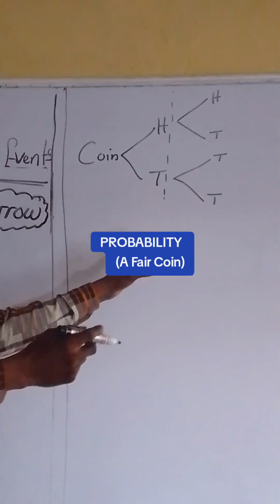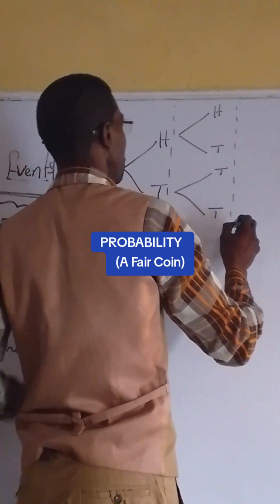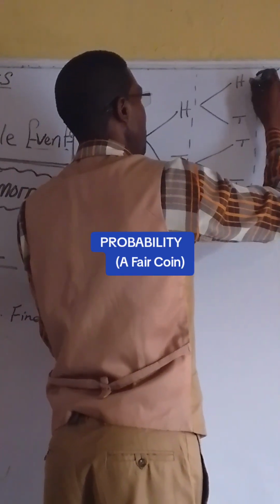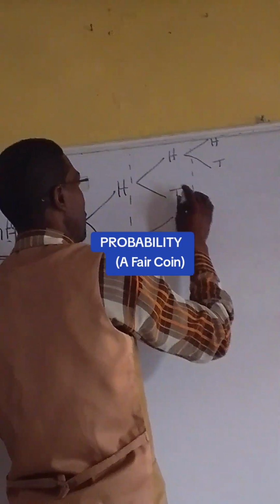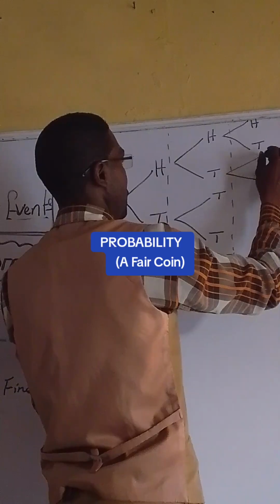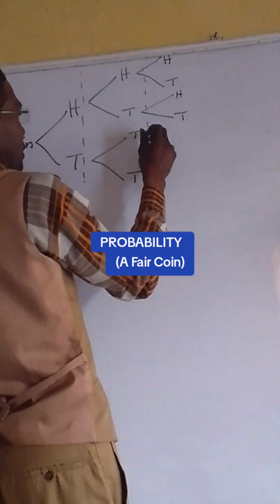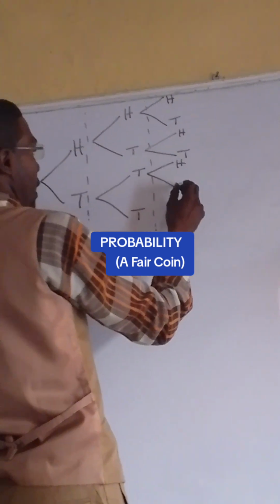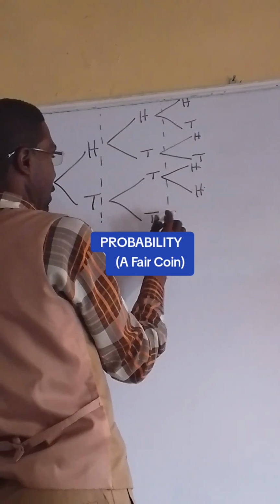I believe you understand this. The third throw is from here. You pick it from here like this: head here and tail. Then another from here: head, then tail. Then another from here: head and tail. Then you pick another one from here like this.